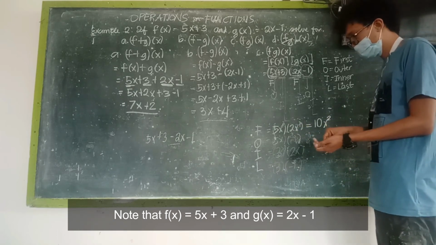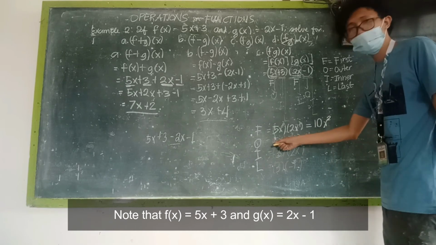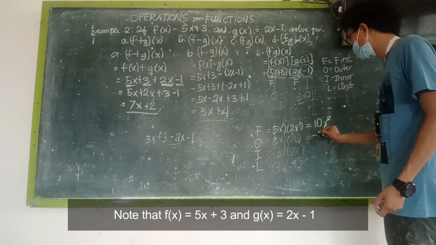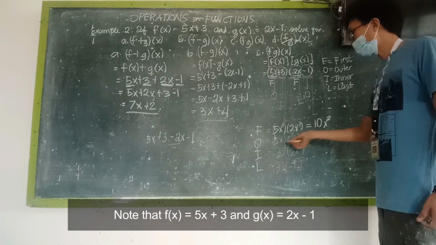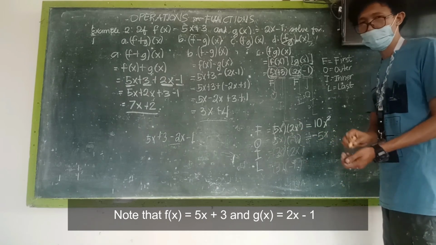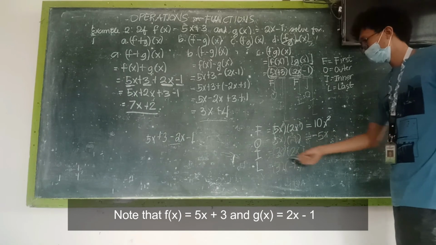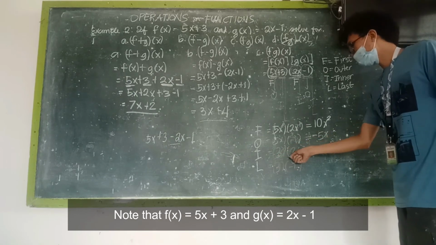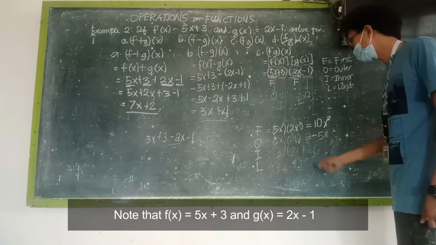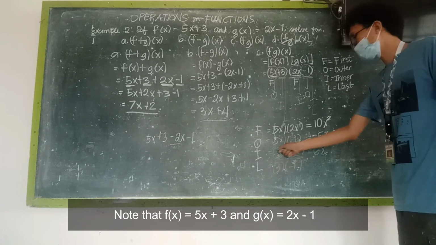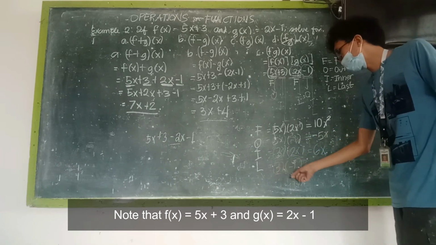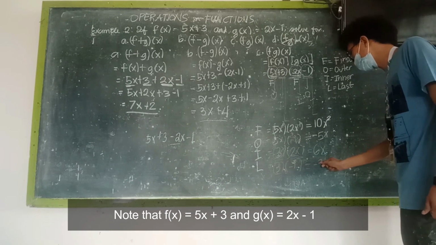Now dito, we have 5x times negative 1. 5 times negative 1 is negative 5. Wala siyang i-multiply na x dito sa kabila, so we will copy only x. So, negative 5x. Sa I naman, we have 3 and 2x. So, 3 natin i-multiply by 2, we have 6. Then, copy x pa din since wala siyang partner na x. At ang last naman, we have 3 times negative 1 is equal to negative 3.